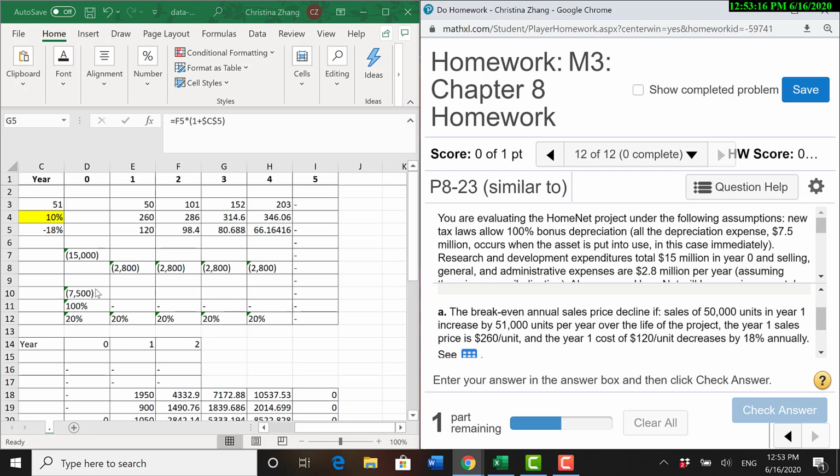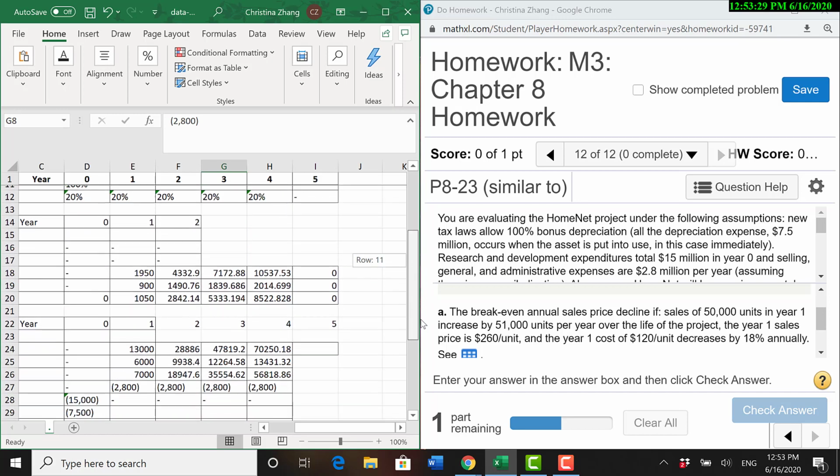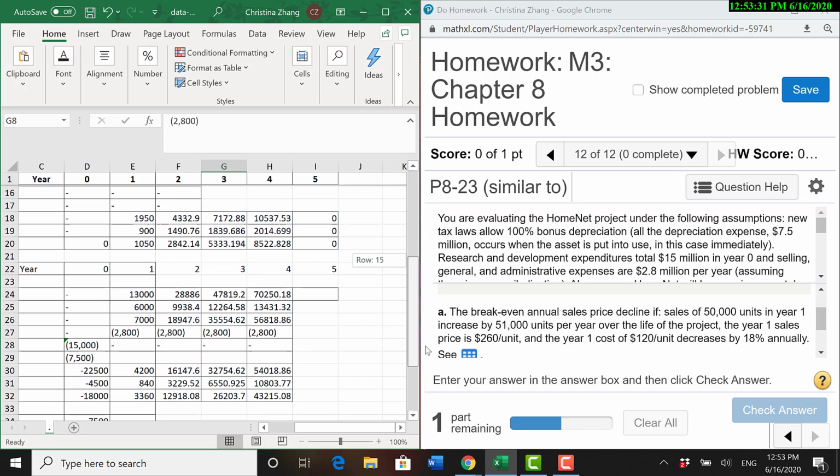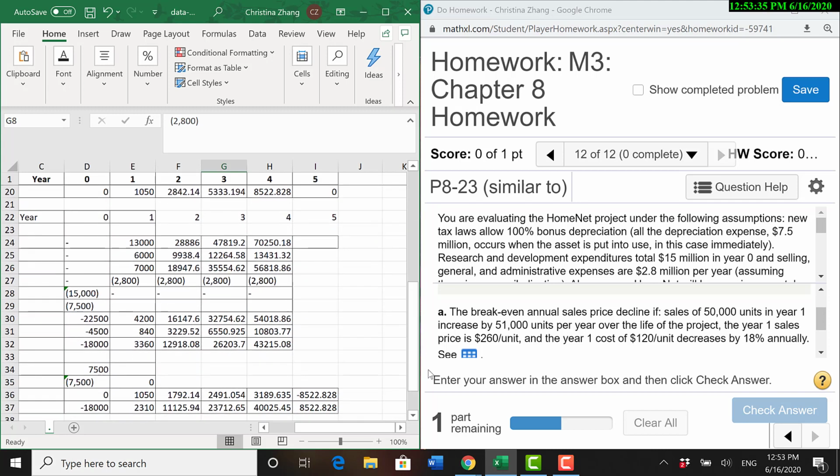That's 7.5 million, and it happens at time 0 right away. And I have a 20% tax rate. These pieces of information I just input manually. I'm going to skip the net working capital for now because net working capital depends on my sales and cost of goods sold, which I don't have yet.